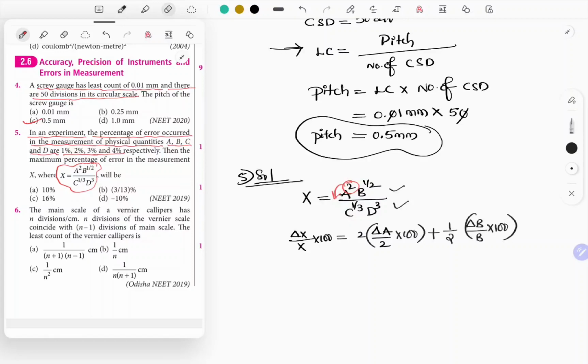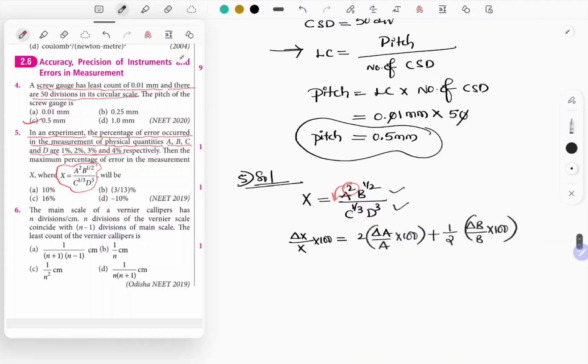Just check this, there's a small mistake here. We have to represent it as A, not 2. Next, quantity C, plus 1 by 3 into delta C by C into 100.